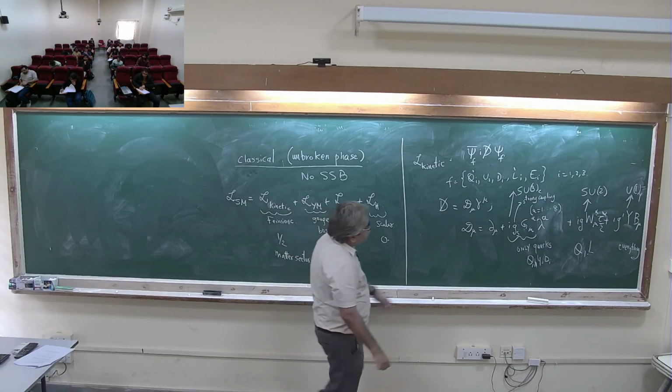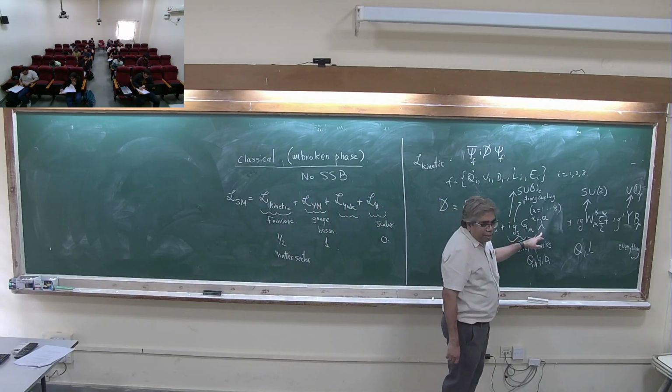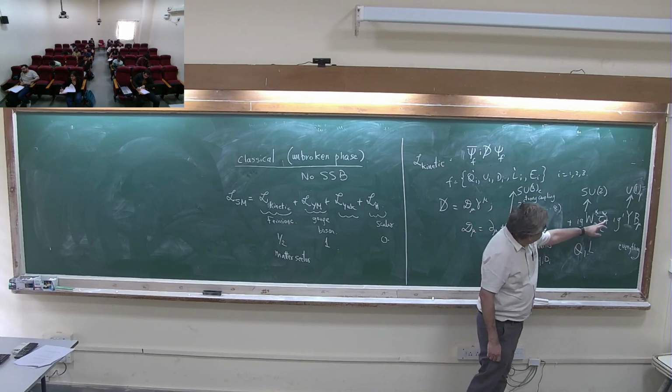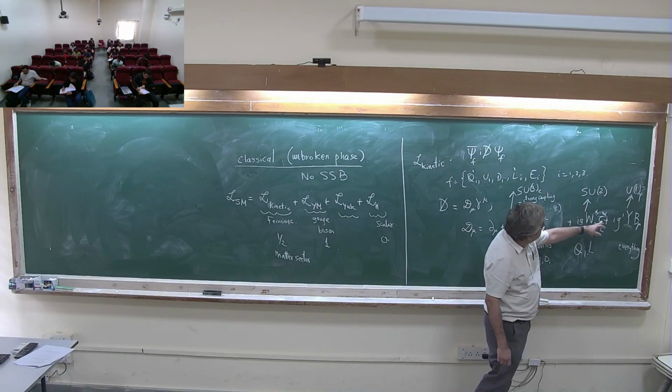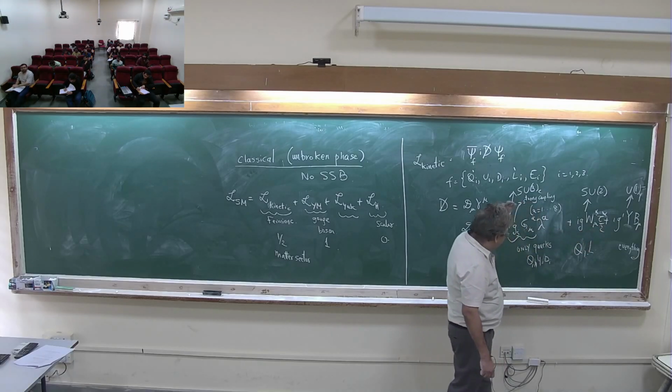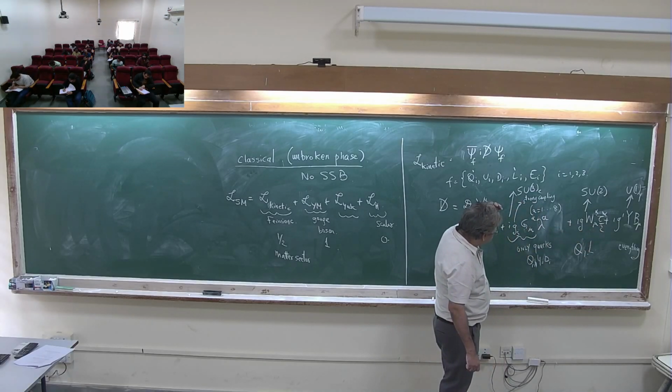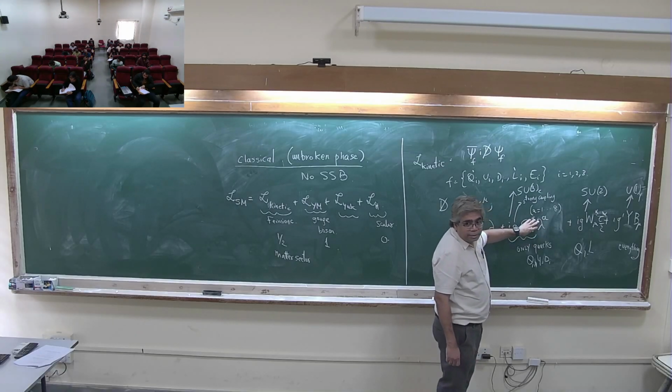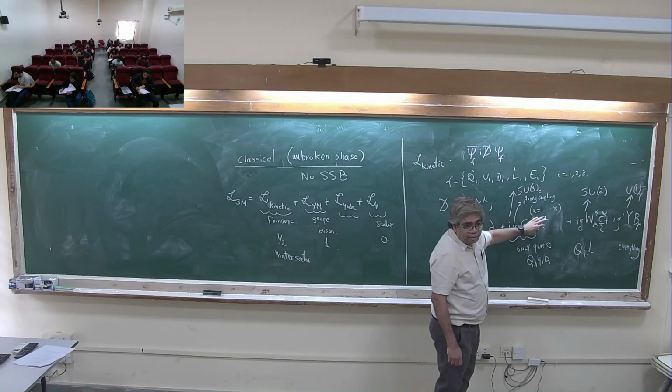These are your Pauli matrices, which are your sigma matrices. And yes, this is coming with something called adjoint, so you need to put that in.